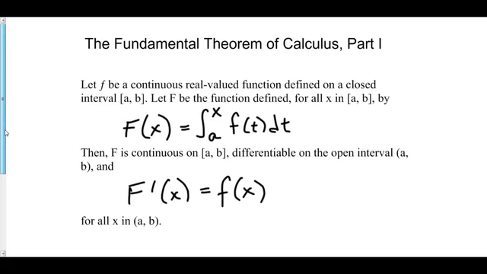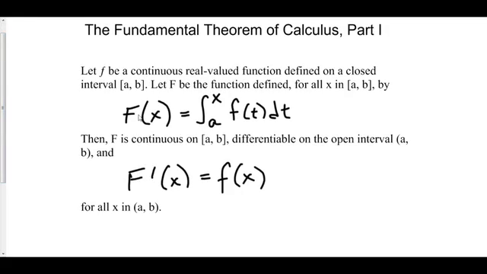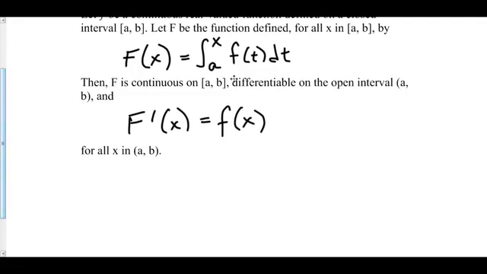Now, what it says here is that if you take the derivative of big F, you end up with little f. Or in other words, the derivative and the integral kind of cancel out to just give you that nougaty center inside of the integrand.